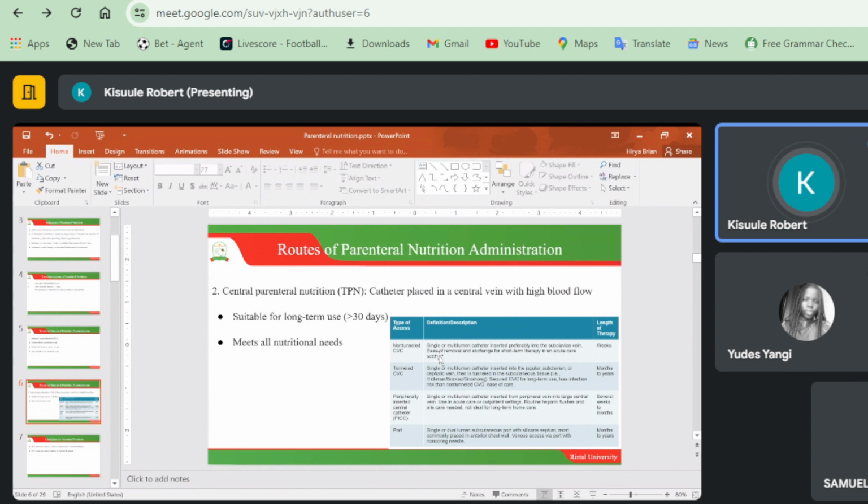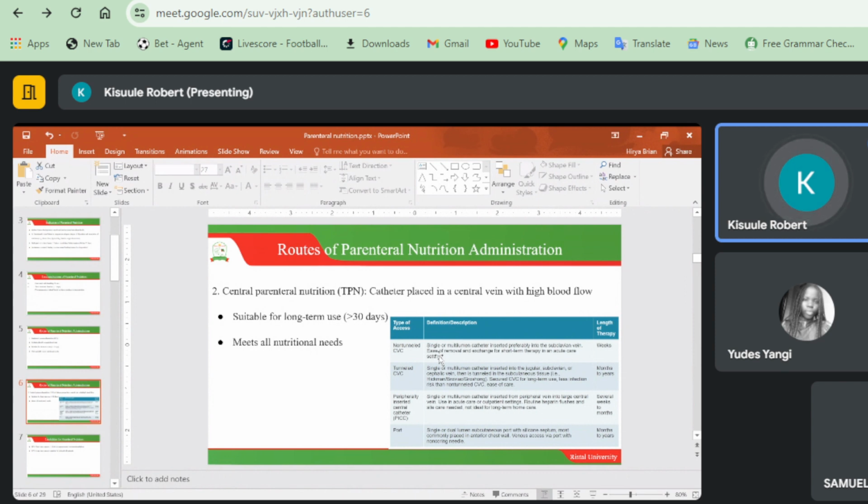They are putting the IV fluids or the feeds in the central vein, which has a little bit of high blood flow. Okay, so here we are looking at the types. If you can zoom in and look at the type of access: the non-tunneled CVC, the tunneled CVC, the peripherally inserted central catheter PICC, or TTC, and that would interest you to read a little bit further.